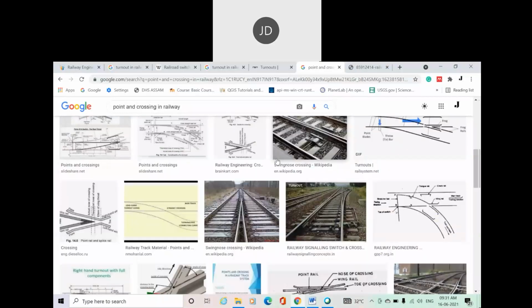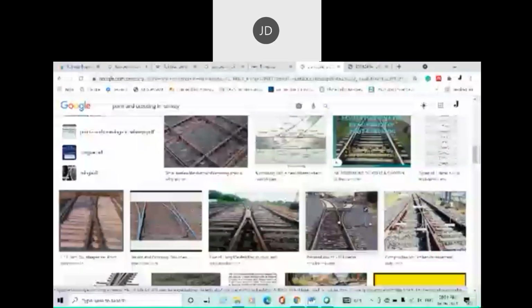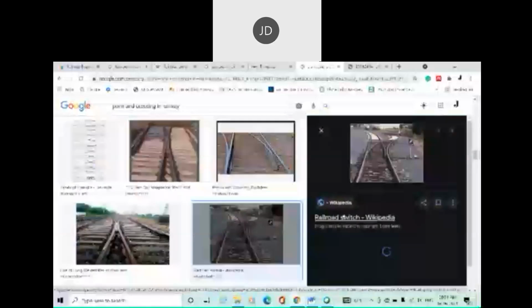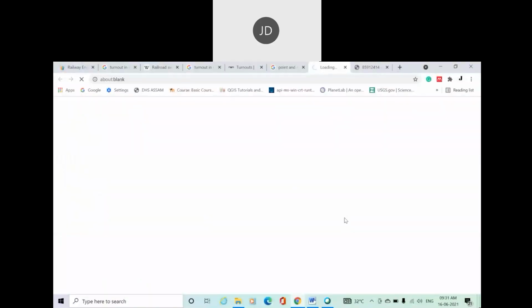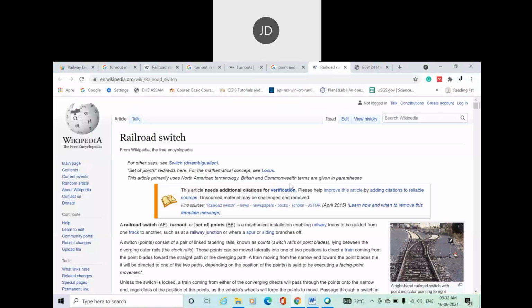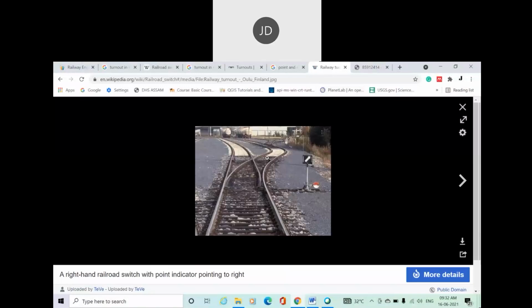I'll show you a real picture of point and crossing. Here, in this diagram, you can see the point and crossing together.